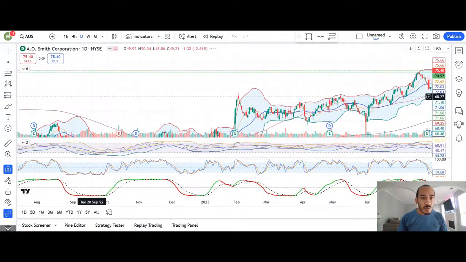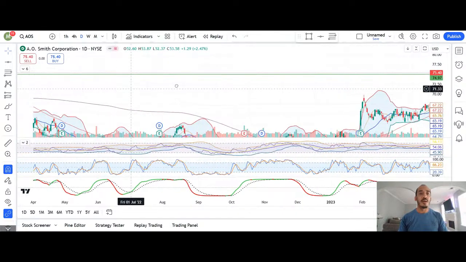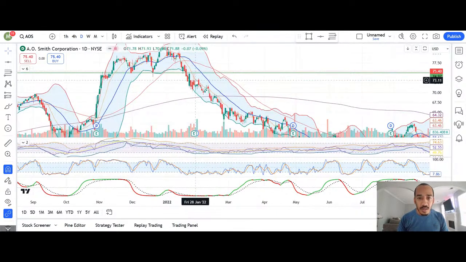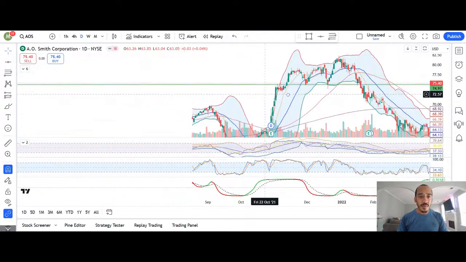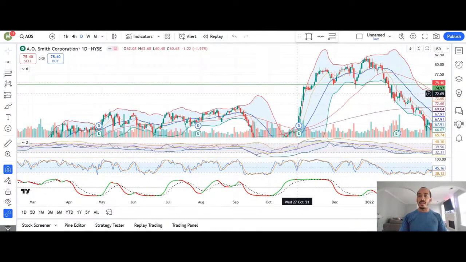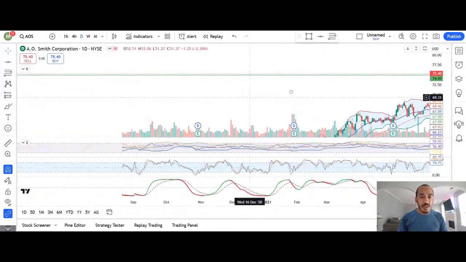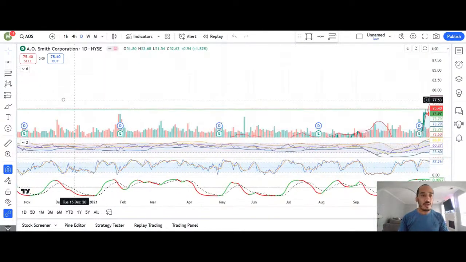So support is also resistance, but it's previous resistance, right? So we go back. It was resistance here, support here, support here, support here. So it did confirm, FinViz did confirm that we are at a strong level of support.